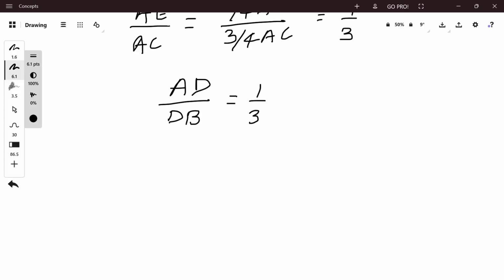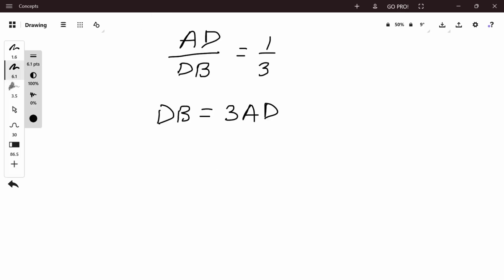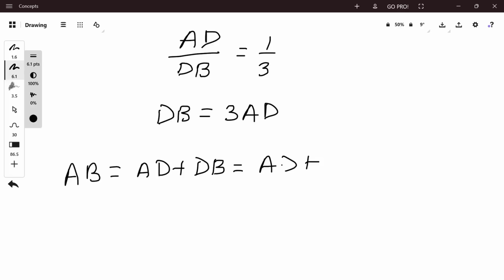From the ratio, DB is equal to 3 AD. The total length AB is equal to AD plus DB, which is equal to AD plus 3 AD, that is equal to 4 AD.